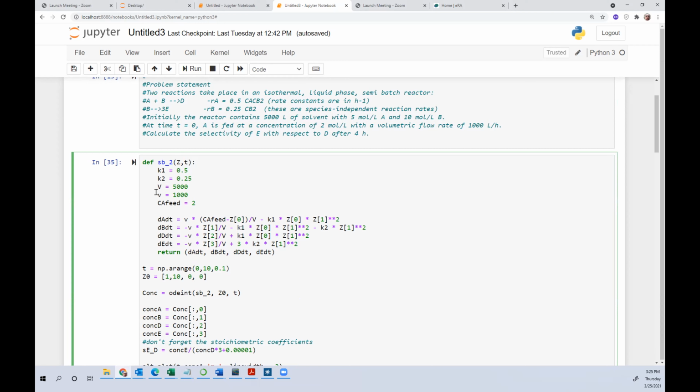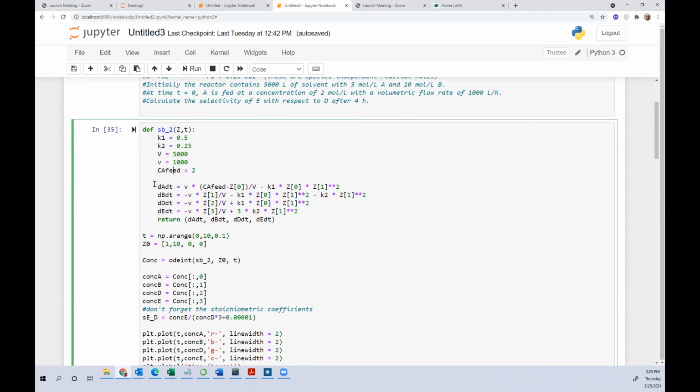So I put in some of the variables in the problem, right? So you've got our V feed. I didn't call it V feed for some reason, but that's what it stands for. K1, K2, the initial volume of the reaction, and the concentration at which CA is being fed. So here I put in the differential equation. This is dCA/dt.